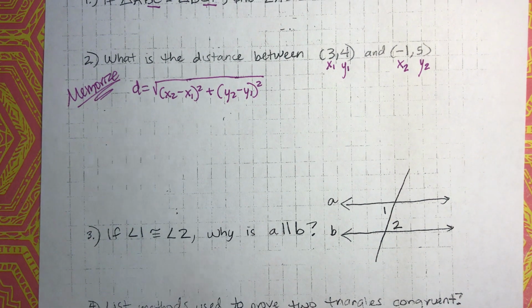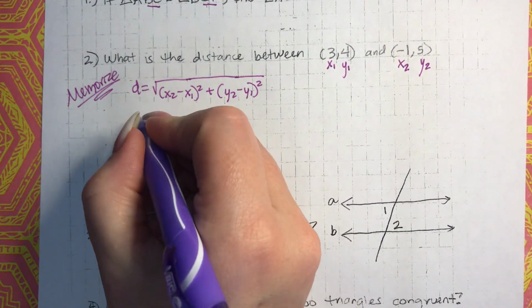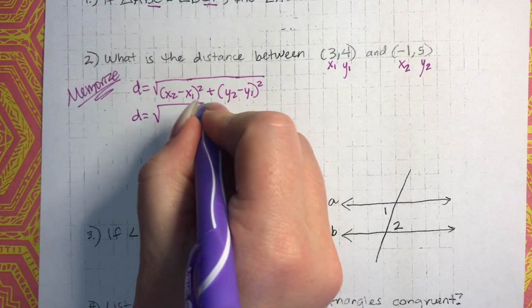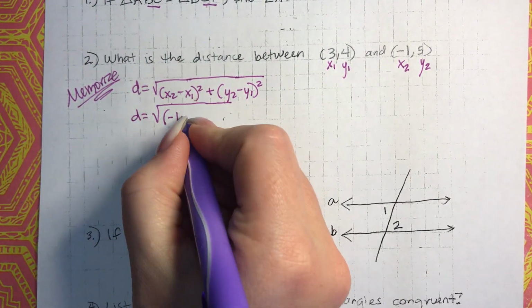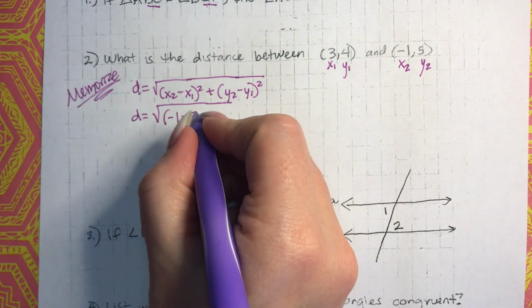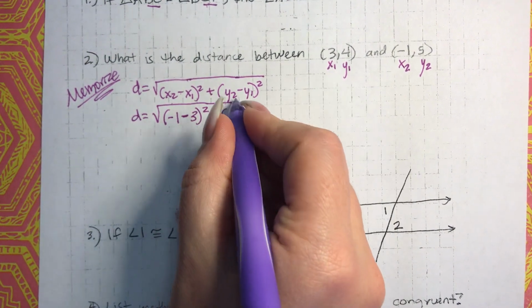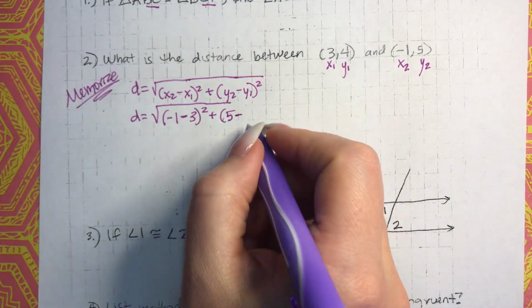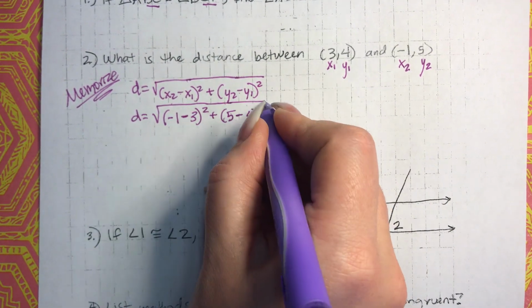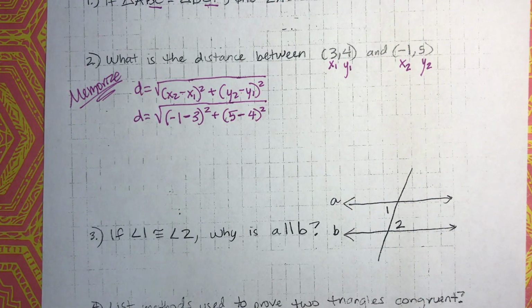So then we just substitute. We have D equals the square root of x2, which is -1, minus x1, which is 3, that's squared, plus y2, which is 5, minus y1, which is 4, and all of that is squared. Perfect. Now we just simplify.